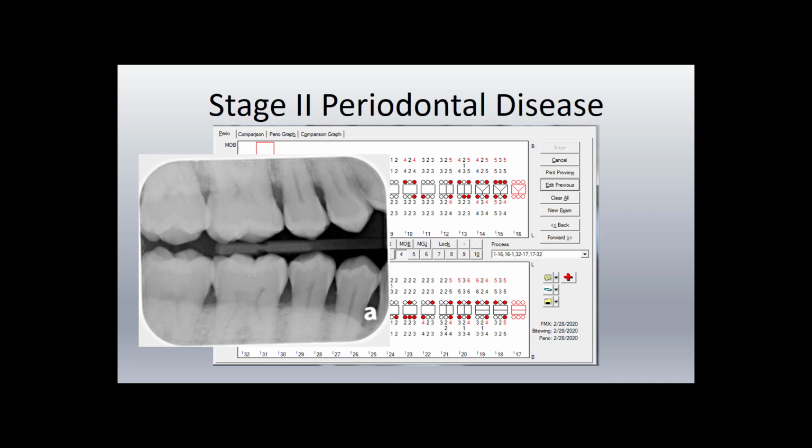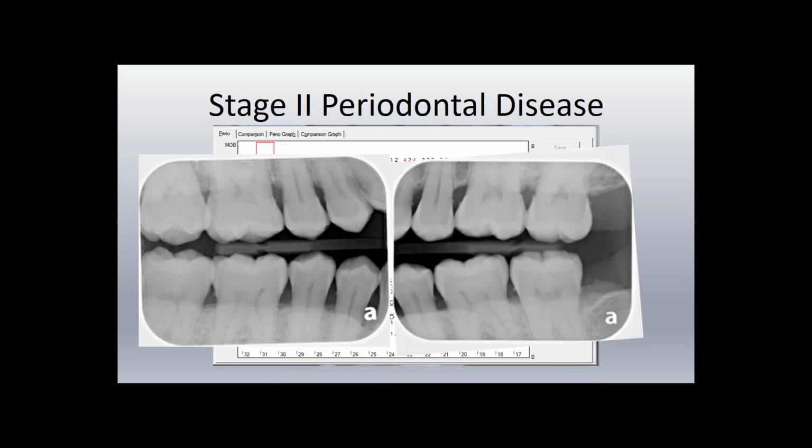So let's look at a couple bitewings. Obviously, we have a full FMX on this patient in the clinic, but when we look, we can see areas of vertical bone loss from here to here, even a little bit up here on the upper right.